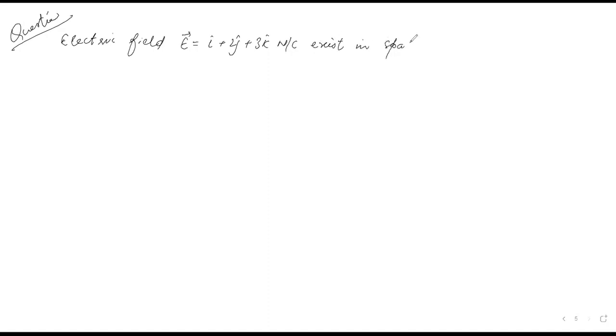Next question. Note it down, please. Electric field vector E is equal to I plus 2J plus 3K Newton per coulomb exists in space.